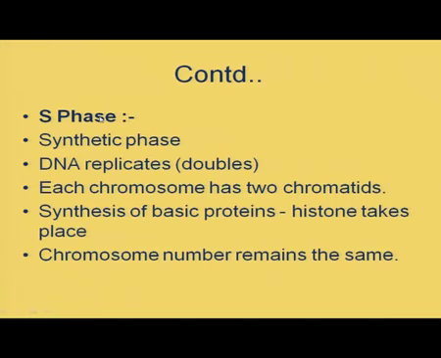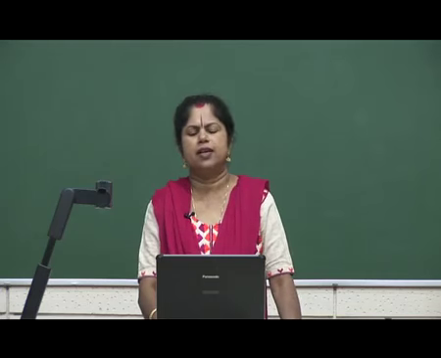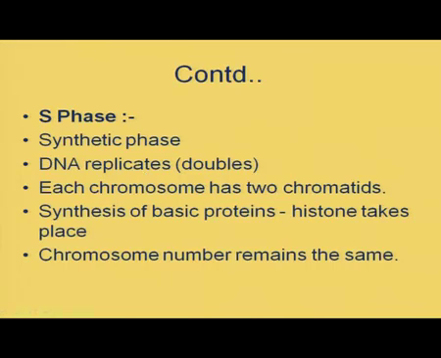Now, coming to the S phase, S for synthetic phase, synthesis. What is synthesized here? Yes, DNA is synthesized, DNA replicates, DNA gets doubled. Each chromosome then has 2 chromatids.